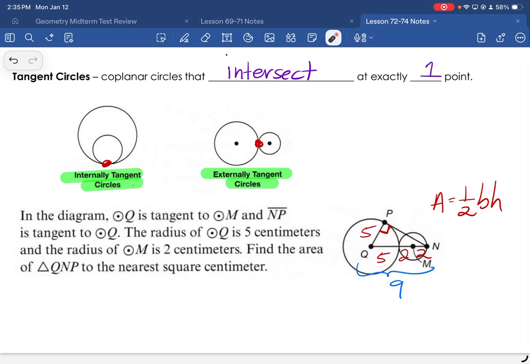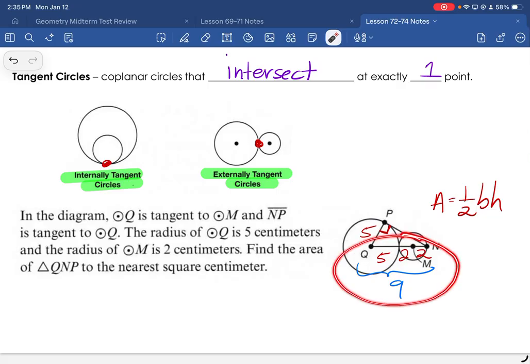What did you get for your height when you did the Pythagorean theorem? Did you use the 9 as your c squared?